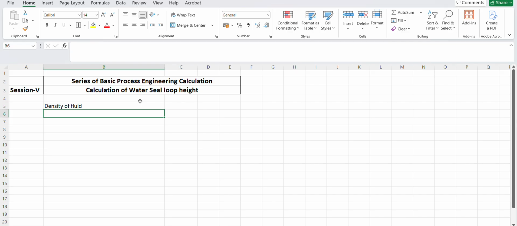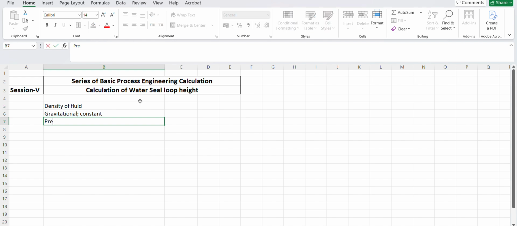Then we need the gravitational constant g. Then we need the pressure at one point towards the scrubber or towards the reaction side.